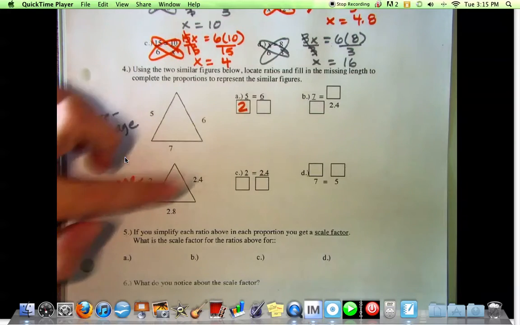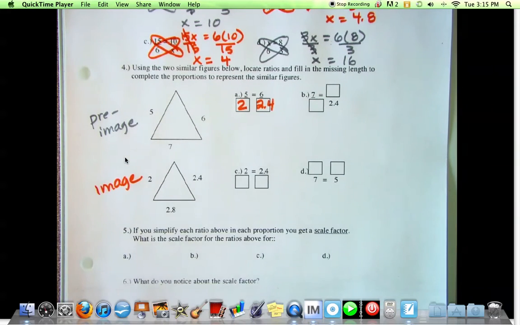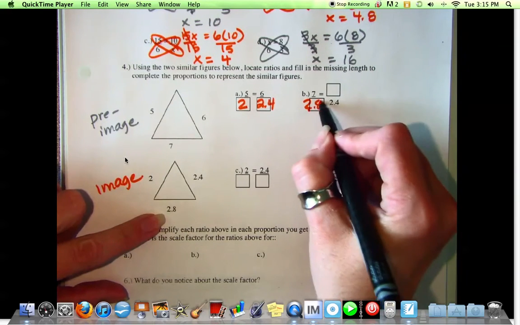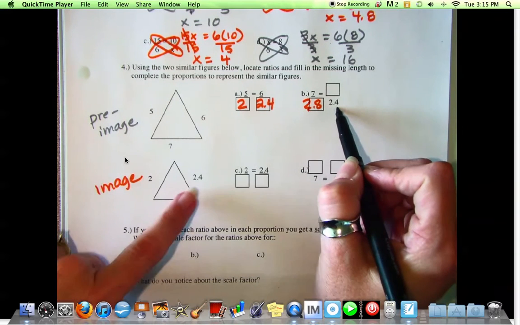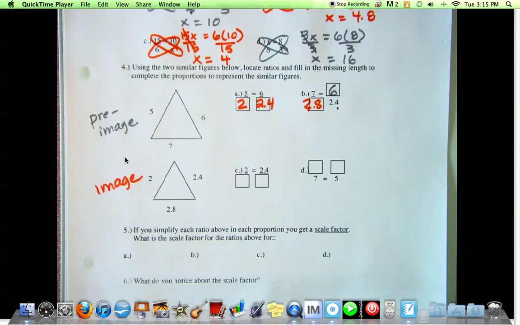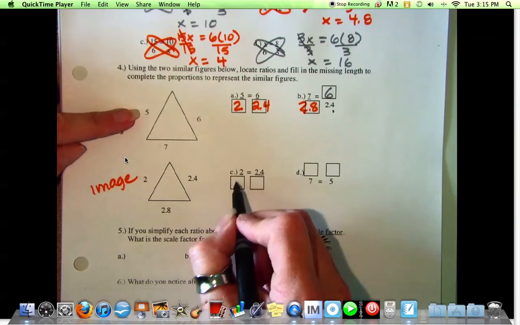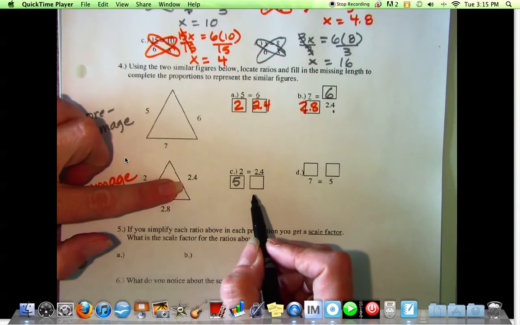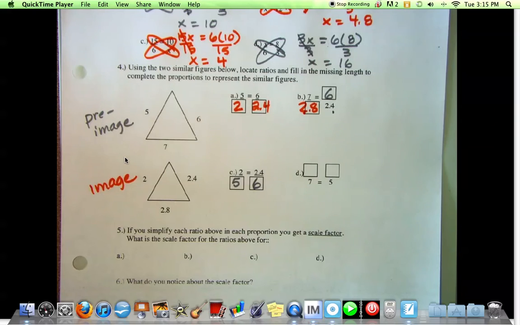This length 6 is similar to this length here, 2.4 on the image. 7 on the pre-image is similar to length 2.8 on the image. 2.4 on the image is similar to length 6 on the pre-image. 2 on the image is similar to 5 on the pre-image.